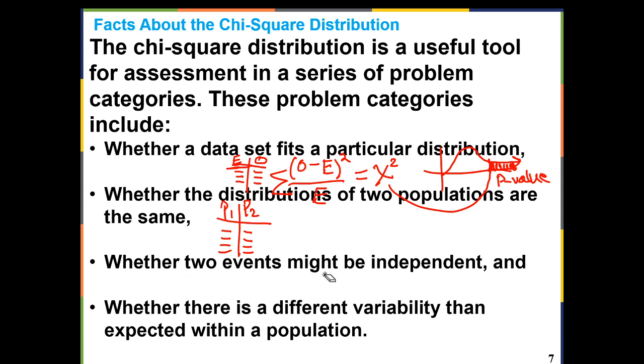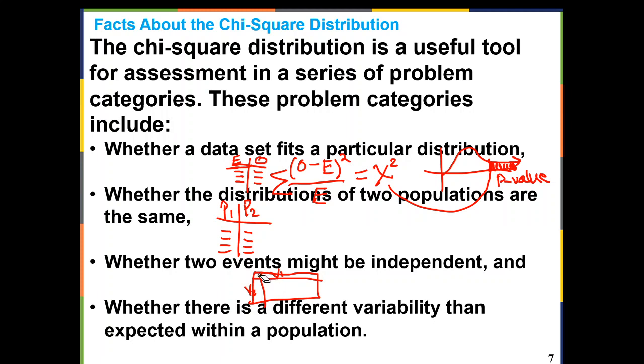Whether two events might be independent or not, again, this is when we have a table and we've got two variables, one here and one over here. So one variable is here and one variable is here with different values. We want to know if these two variables are independent.